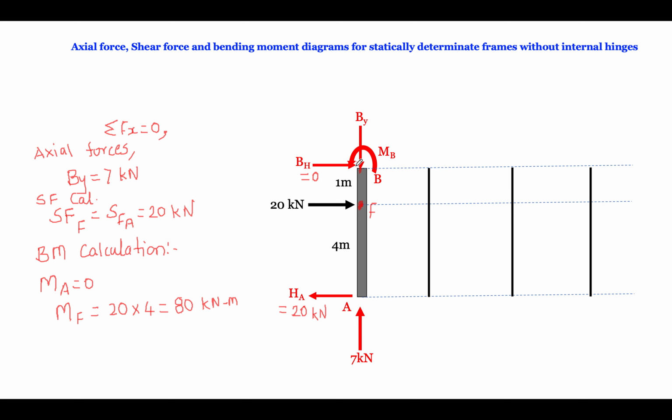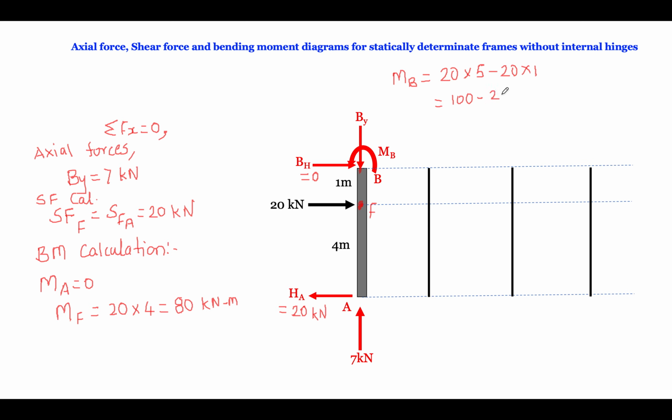Now let us see what the moment at point B is. To calculate the moment at point B, we take this load into the perpendicular distance. So 20 into 5 and 20 into 1, okay, this is clockwise and this is anti-clockwise. So 20 into 5 minus 20 into 1. So 100 minus 20.